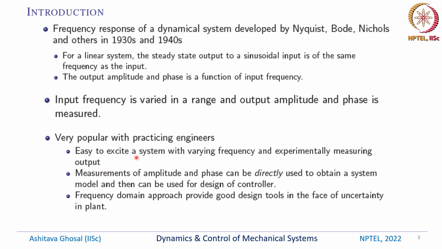So if anybody has done some experiments with vibration, you can put your system on some kind of a vibration shaker, and then you can excite the system at different frequencies, and then you can measure the output, both amplitude and something called phase, which we will see very soon. So measurement of the amplitude and phase can be directly used to obtain a system model and then can be used for design of a controller. So this is why it is very popular with practicing engineers.